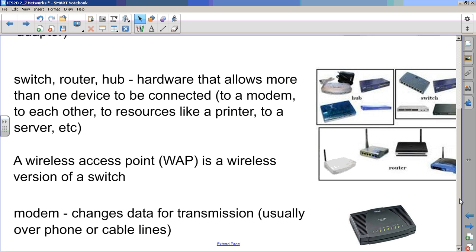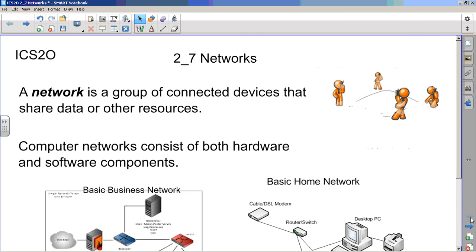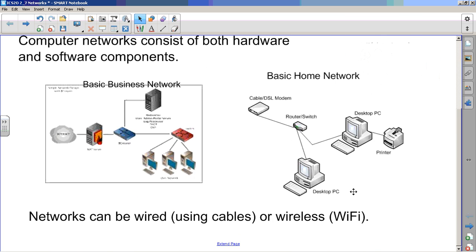That's a modem. And just to show you, back in our basic home network here, what we had is we had our computers hooked up to a router or switch. And again, in this one, this is physical. Probably at home, I'll bet you now that you have a wireless router at home. But then the wireless router is almost always physically connected to the cable.